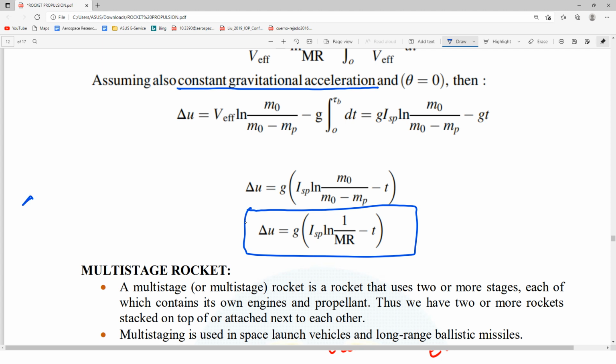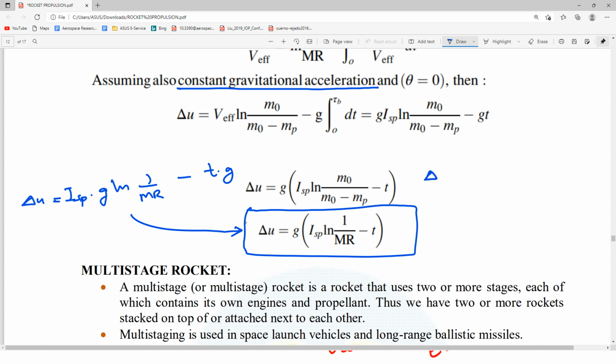In some books or notes you can also find this equation as specific impulse into gravity, ln 1 by mr, minus t into g, where t is the burning time. Don't forget this minus t g. That's the only difference.